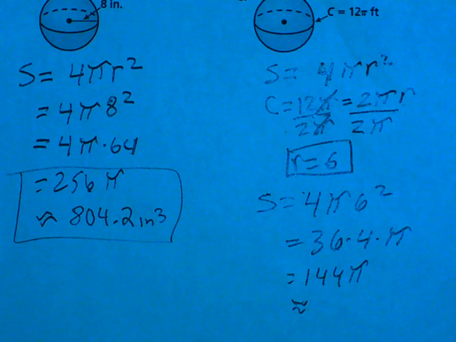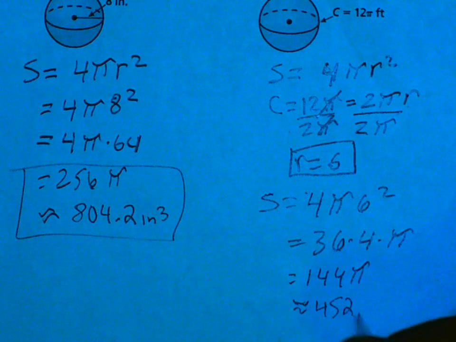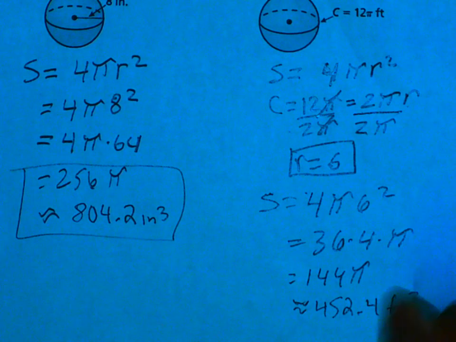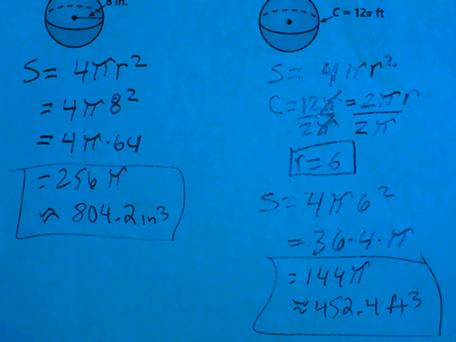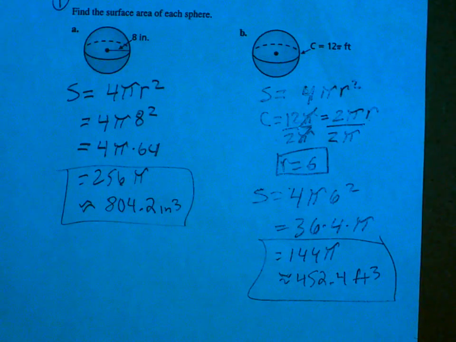And that's going to give you a total of 452.4 feet squared. I'm boxing in both answers because sometimes they might want the exact answer, sometimes they want the approximate answer. So either one. So that's example number 1.